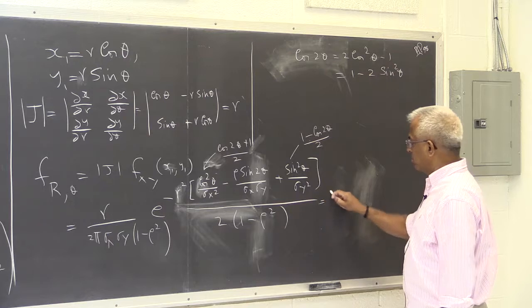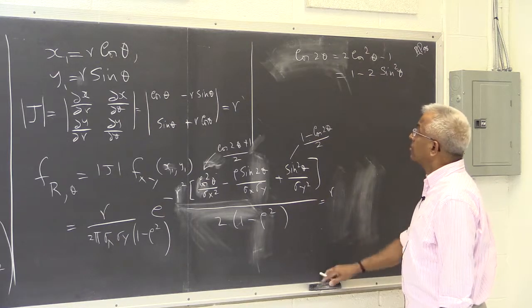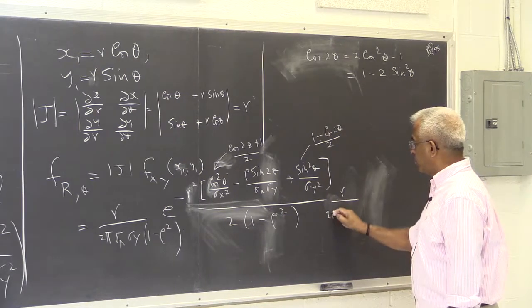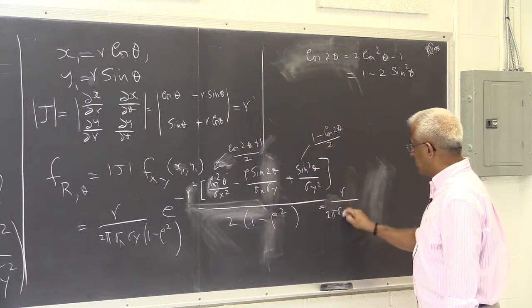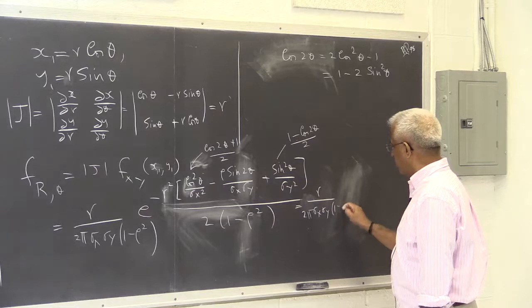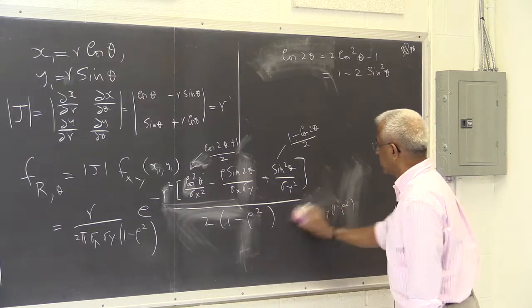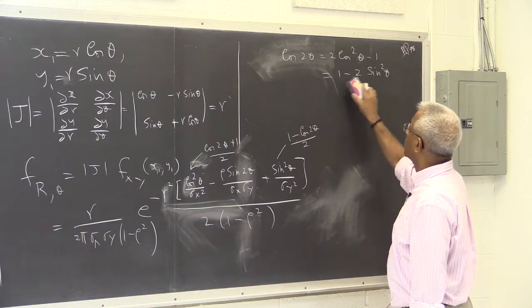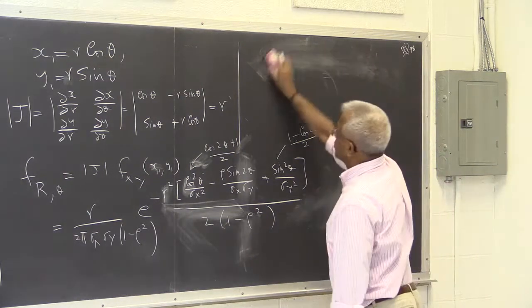exponent anyway. So this is r over 2 pi sigma x sigma y, 1 minus rho squared. So I'm going to write it here.